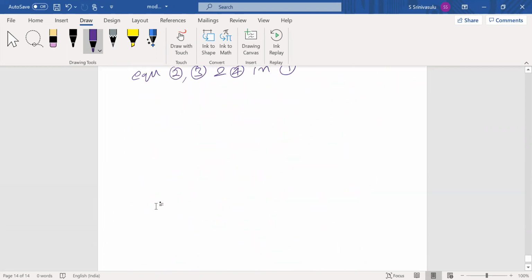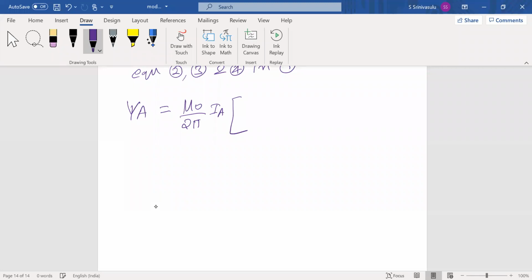Then we can write psi A equal to psi 1A plus psi 1B. Psi 1A is equal to mu naught by pi IA into 1 by 4 plus integration R to infinity dx by x.